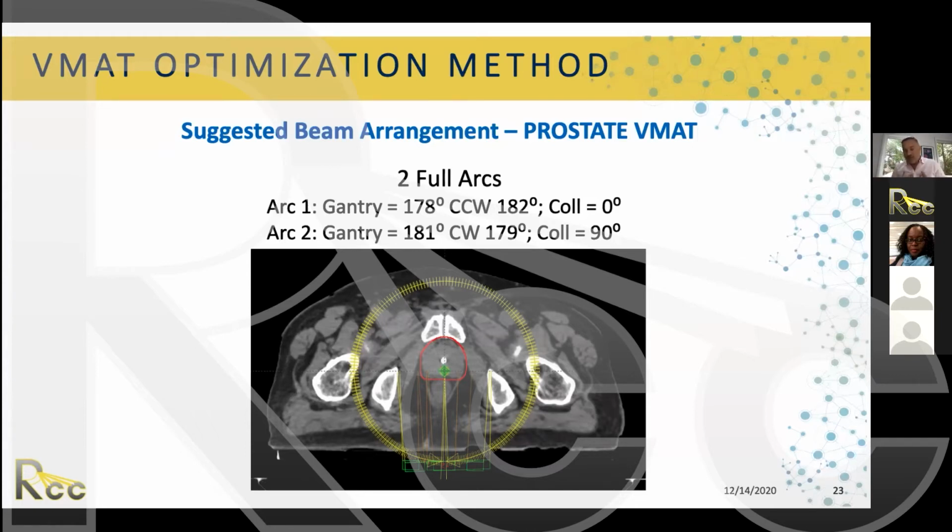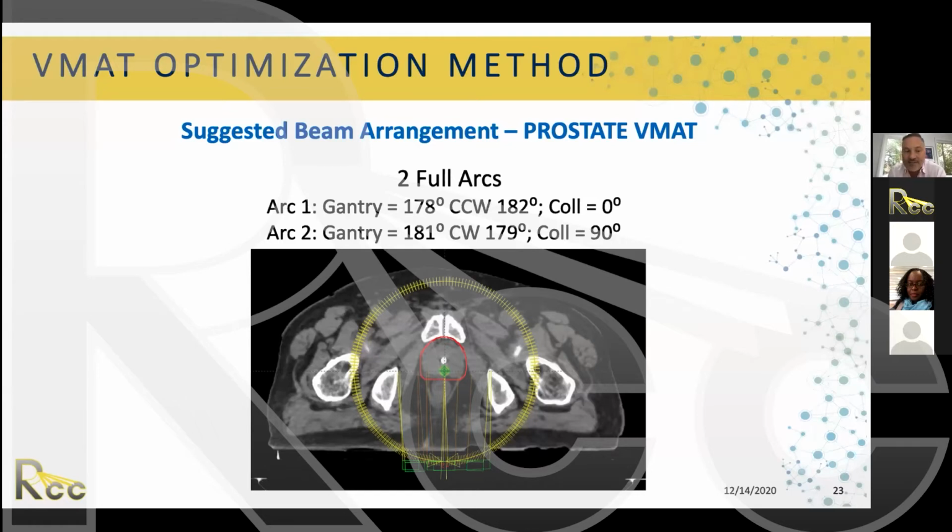In our institution, instead of following what the vendor said, 30 and 330 degrees, we always follow 0 and 90, just because sometimes with structures like the rectum you can control more with the leaves going this way, and you have the other one at 0 that will go in the other direction to get rid of the interleaf leakage radiation.